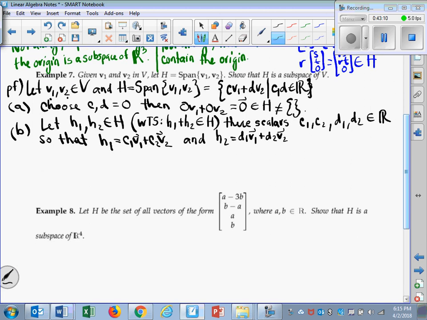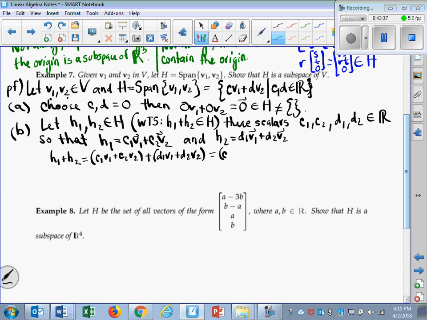Let's add them together and see what happens. So we want to consider H1 plus H2. That's going to be C1V1 plus C2V2 plus D1V1 plus D2V2, which means that I can just combine like terms here. So let's combine my V1s and combine my V2s.